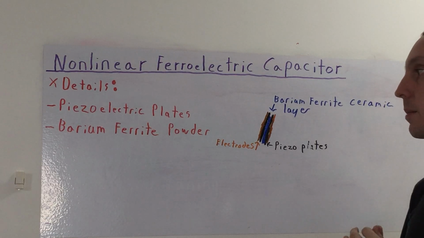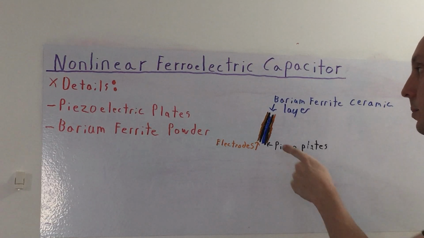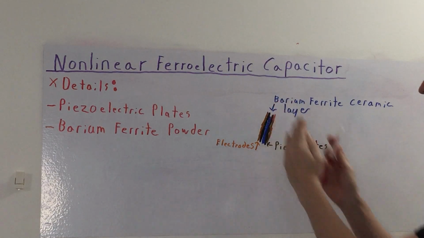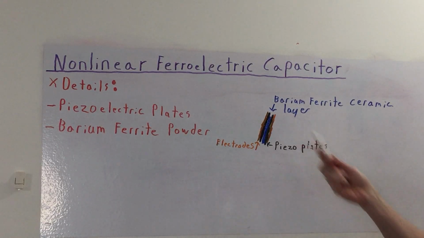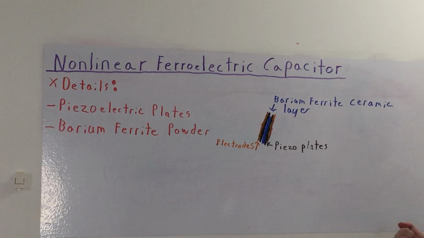You'd want to place the barium ferrite plate between the two piezoelectric plates here, as I show in the picture here. This arrangement means the outer layers are piezoelectric, while the core layer is barium ferrite dielectric layer.